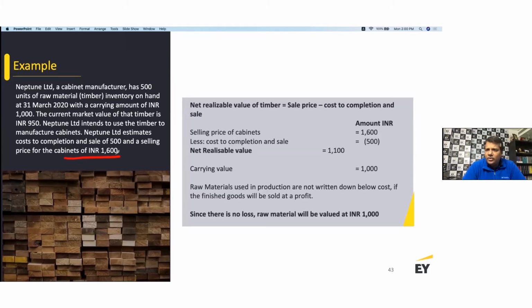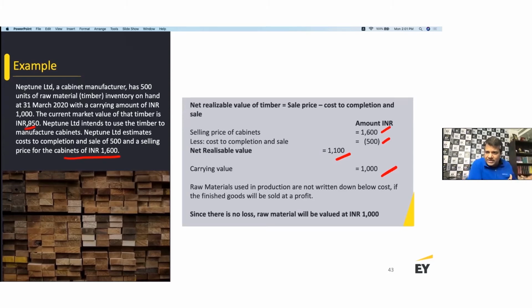The selling price is 1,600. How much is the cost to complete? 500. So how much am I going to realize? 1,100. What's my carrying value? 1,000. That means there is no loss which I need to record, even though the value of the raw material is 950. I'm still not required to record a loss.